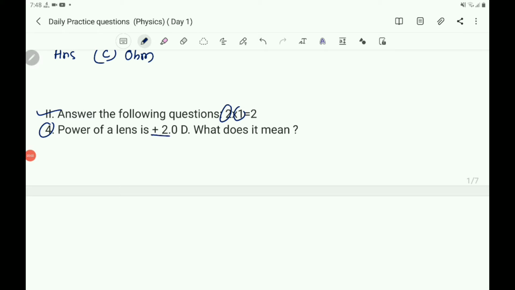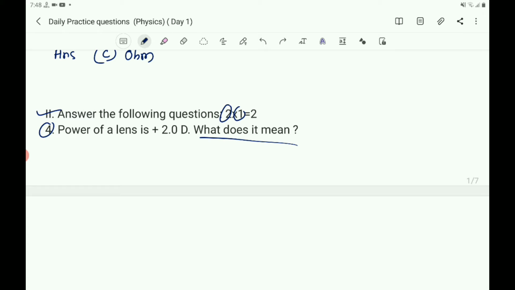Here plus 2.0 D, D means that is a unit of power of lens, diopter. What does it mean? The power of lens is plus 2.0. It means the lens is convex lens. Here it shows positive. So it shows the lens is convex lens. And what is the focal length of this lens?